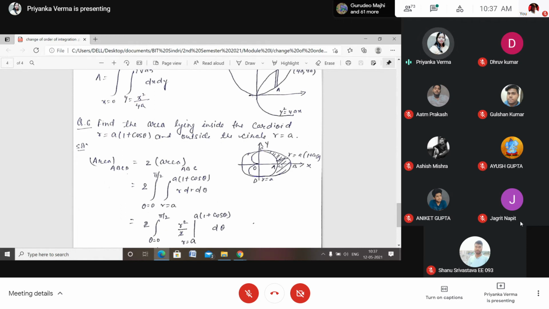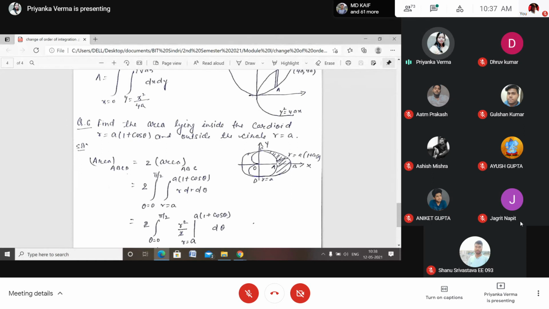Since we know that the area of a polar curve is the double integral of r dr d theta, now the limits of integration. See, here the lower limit of r lies on the circle while the upper limit lies on the cardioid.